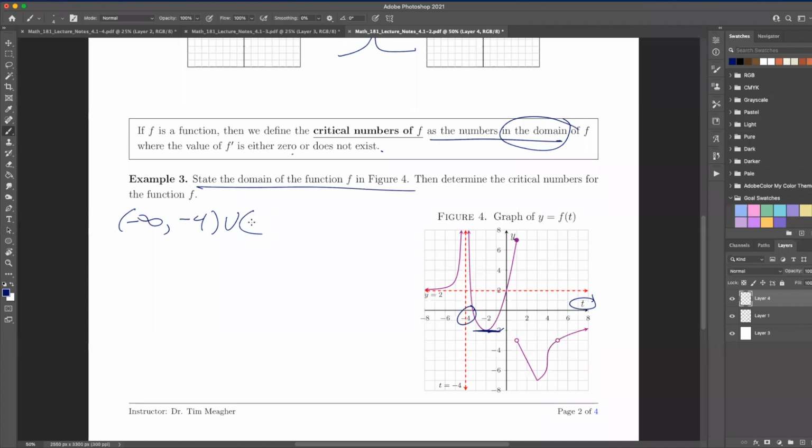So here is from -4 to 5, and from 5 to infinity. And so this is the domain.